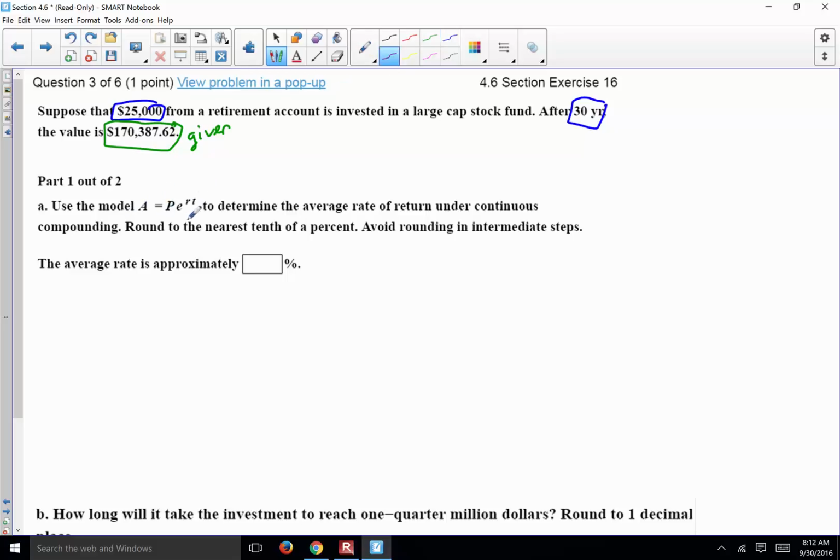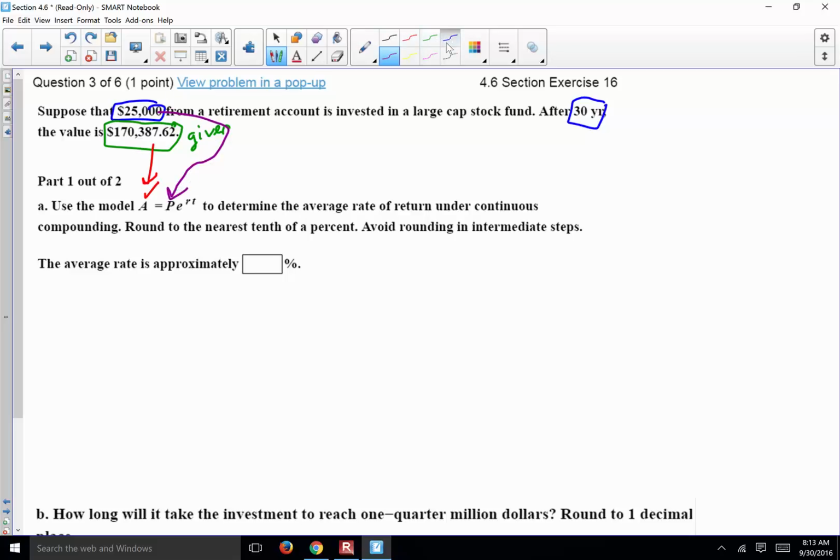In continuous interest compounding, there are four variables: A, P, R, and T. They usually give you the three on the right side and ask you what A is. This time A is given. I know my final amount. The initial amount invested is given.